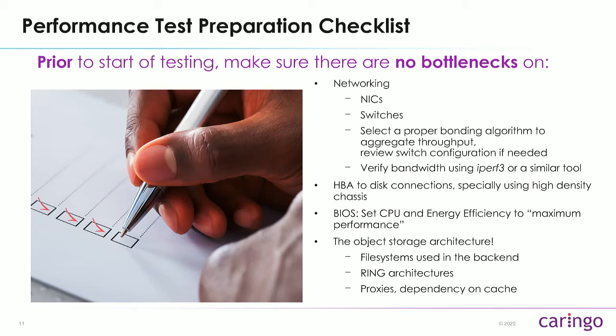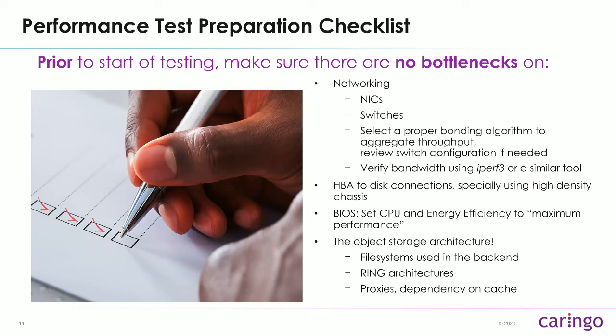Also, regarding networking, there is the bonding algorithm. Swarm supports a number of bonding algorithms, not only to provide resiliency if a link goes down or if a switch goes down, but also to aggregate the throughput of multiple links. So you can use LACP, for instance. You can use balance ALB.